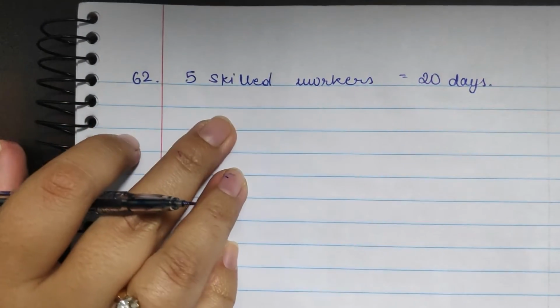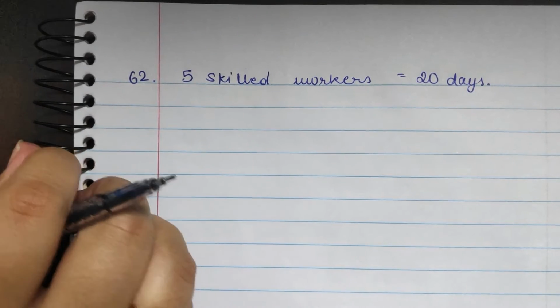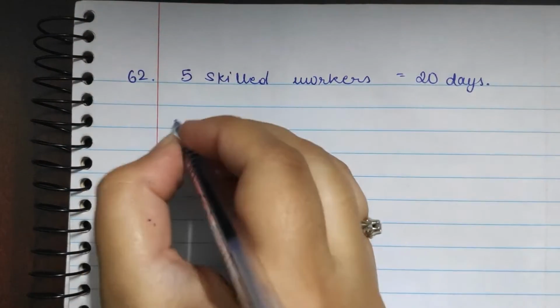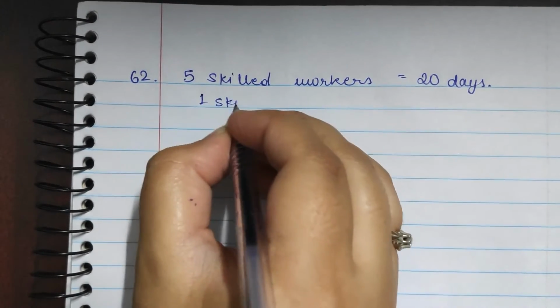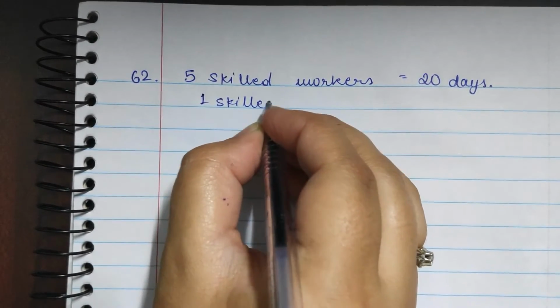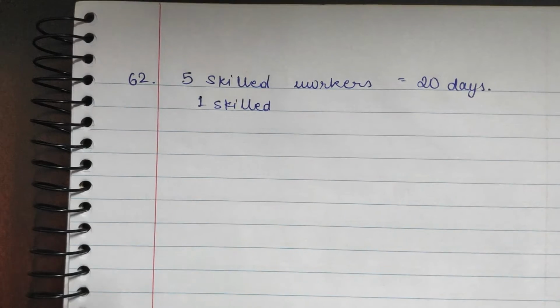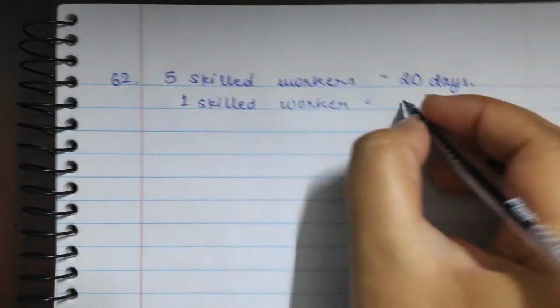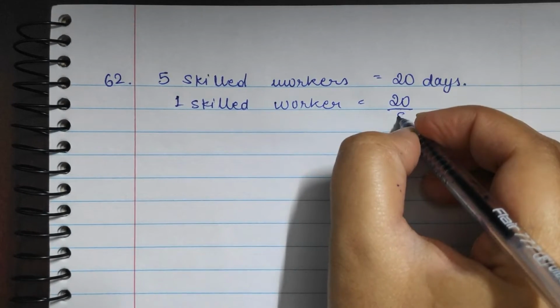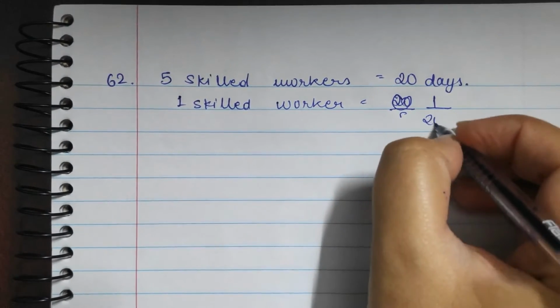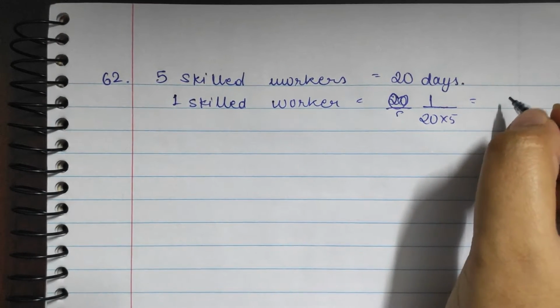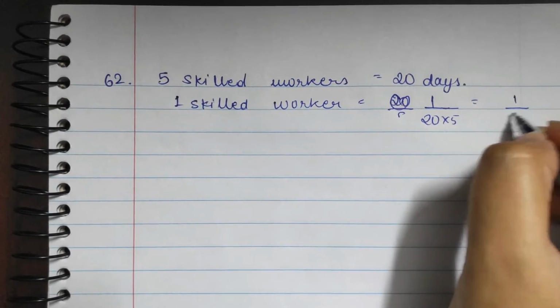And remember, in the unitary method, one skilled worker will make the wall in 1 by 20 into 5 days, which will be 1 by 100.